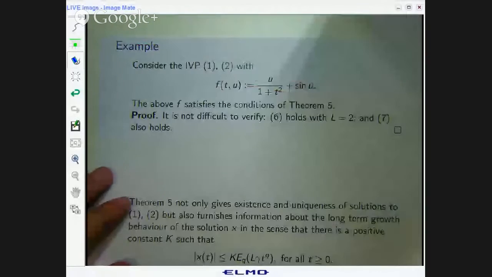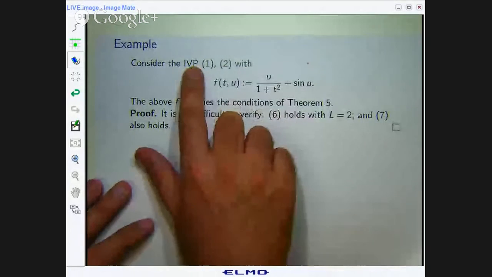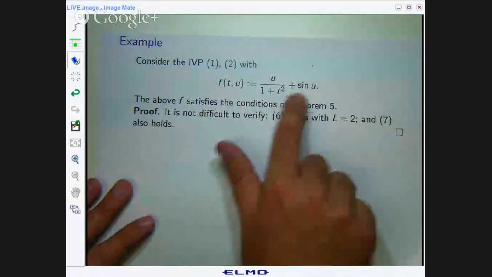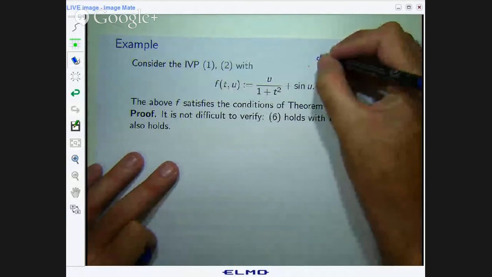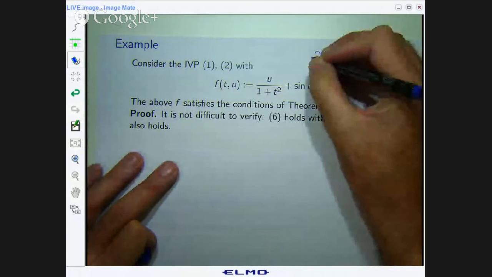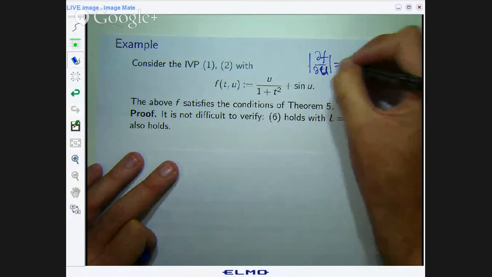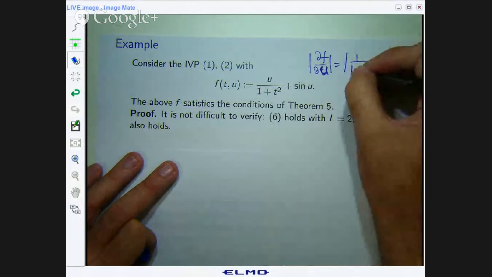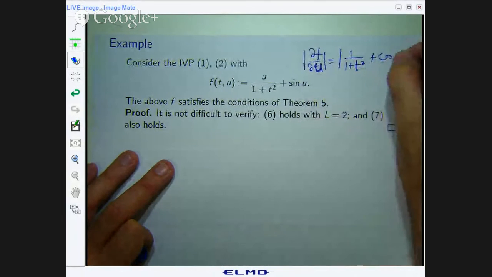Okay. All right, should we do an example? Let's do an example, just a quick one. Suppose you have the initial value problem at the start with this as your right-hand side. Well, f's obviously continuous everywhere, and df/du, if I differentiate this, I get 1 on 1 plus t squared. If I differentiate sine, I get cosine.